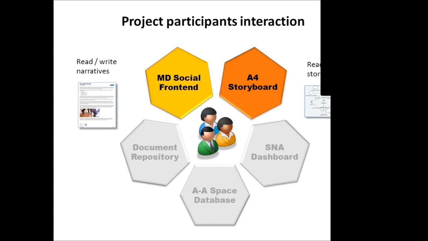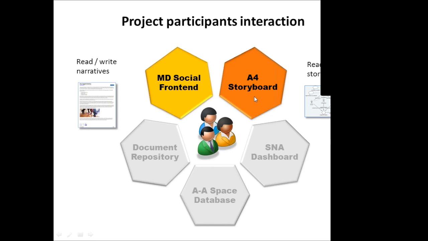I think that what we have seen in Valentina's presentation was exactly what is depicted in this first slide. We imagine that the participants in the project, and the dynamic evaluators that are in the project themselves too, interact using the social front end and the storyboard. What are those two systems?